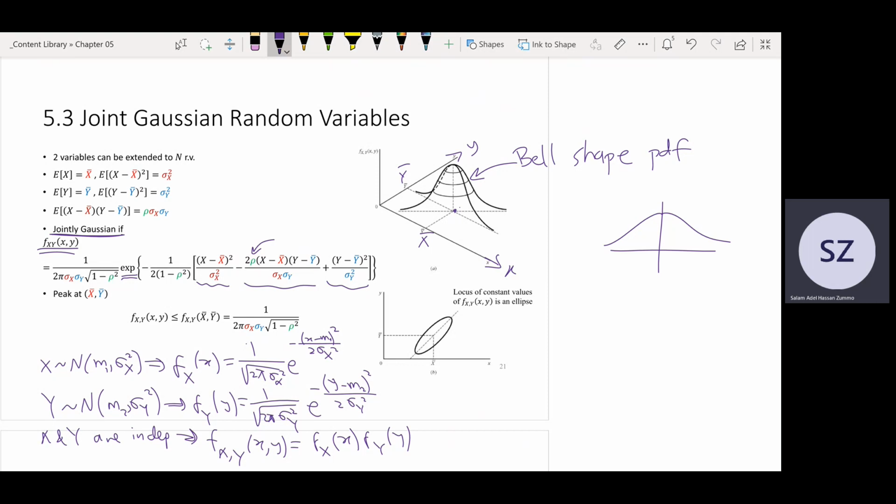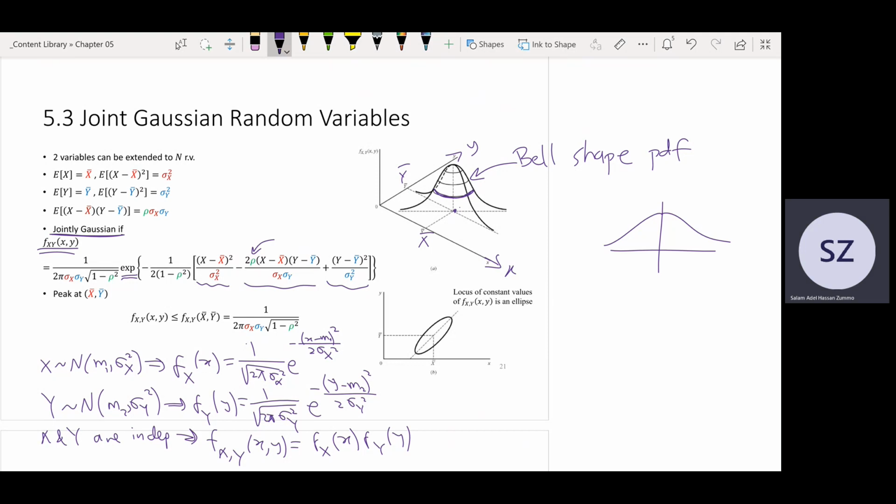Now we call the contour of fixed PDF. If this is x and this is y and this is the PDF, and I cut at a certain level with a certain plane, it gives me the contour of fixed PDF. If you look at it from upstairs, it will look like this. Do you know what this is?